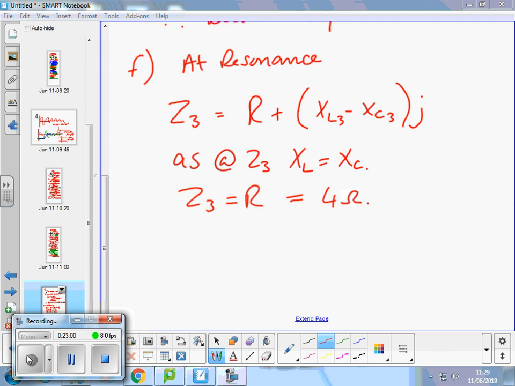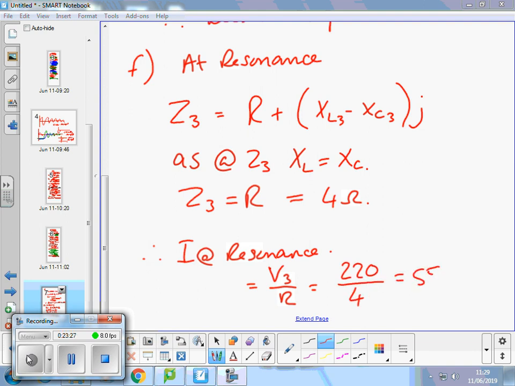We can then go, therefore, current at resonance equals V3 over R, which is 220 over 4 equals 55 amps.